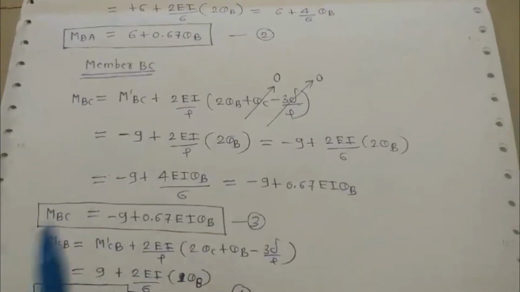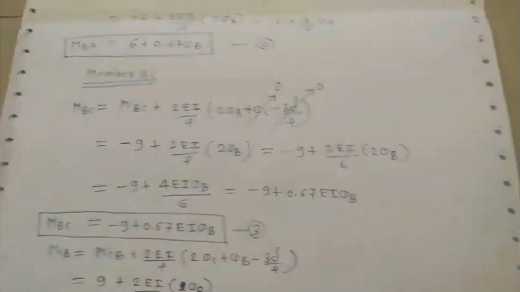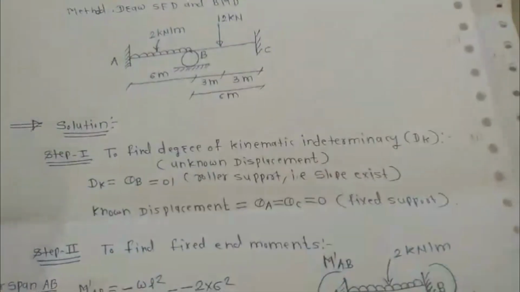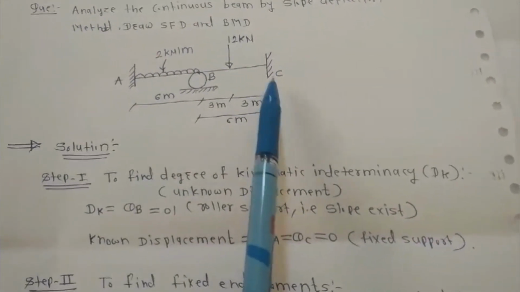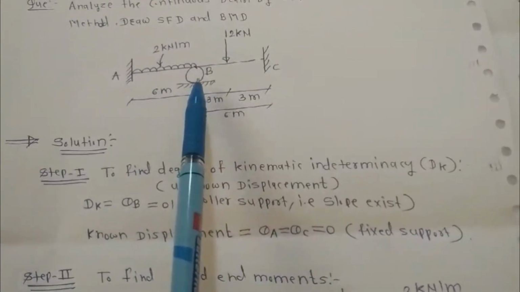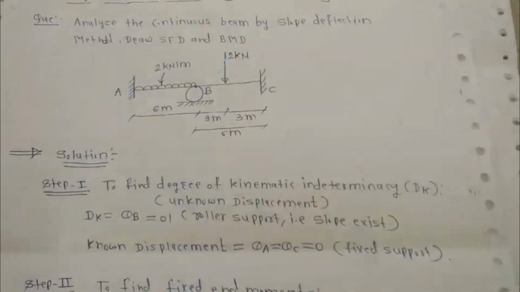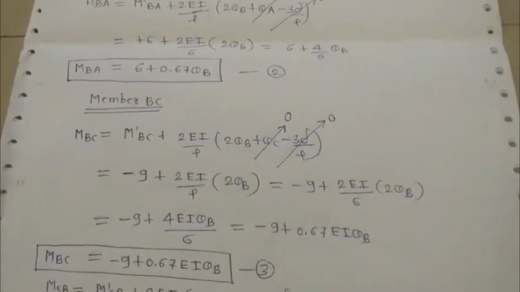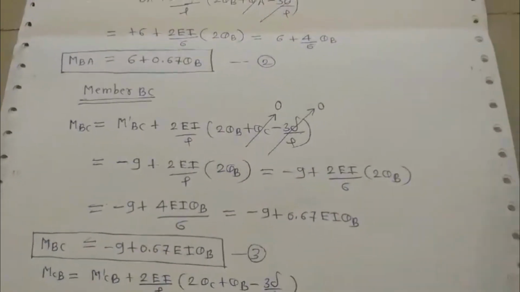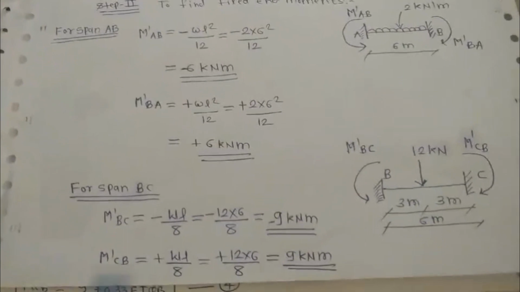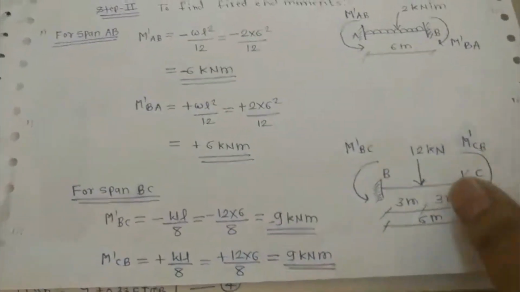Now similarly for member BC, you can see the span for member BC. C is a fixed support, hence slope as well as displacement is 0, and at B there is a rotational support, hence slope will exist. So you can see here M dash BC, this fixed end moment we have already calculated, that was minus 9 kilonewton meter.